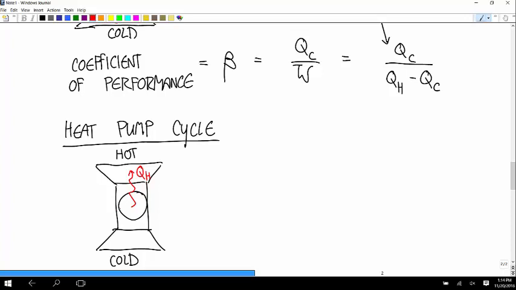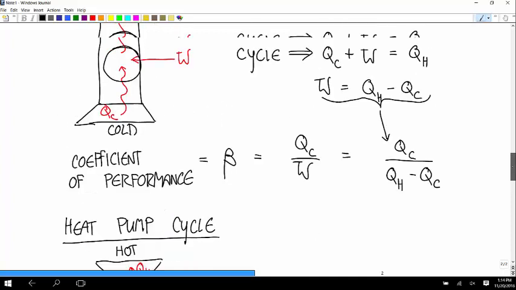Well, it needs to get that heat from somewhere, so it needs to take heat energy from the cold reservoir. So QC goes into the system, and these are going the same direction as in the refrigeration cycle. So which way does work have to go? Yep. The main thing to remember about the relationship between the refrigeration cycle and the heat pump cycle is that if you look at the two, it's exactly the same cycle.